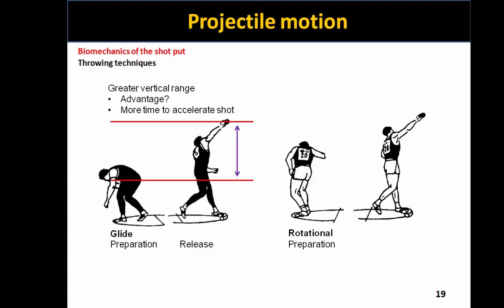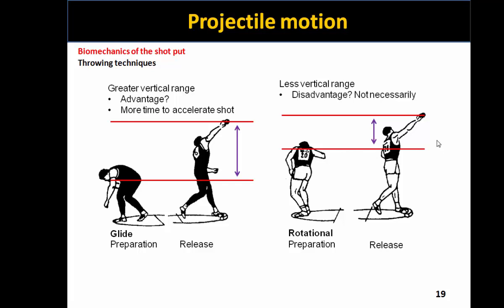When we compare this to the rotational technique and examine the position of the shot between the preparation and release phase, we see a much narrower vertical range as compared to the glide technique. So we have less of a vertical range through which that shot will travel as the athlete prepares to throw that shot.